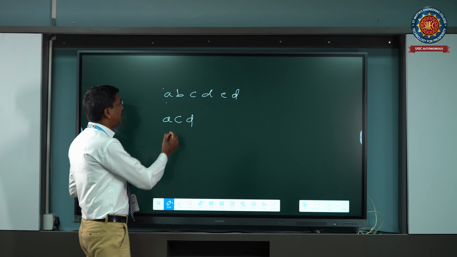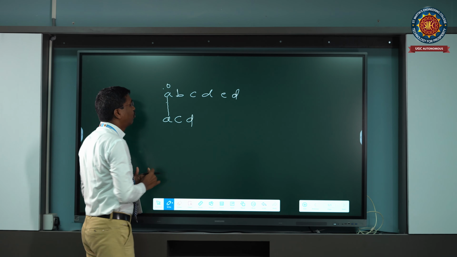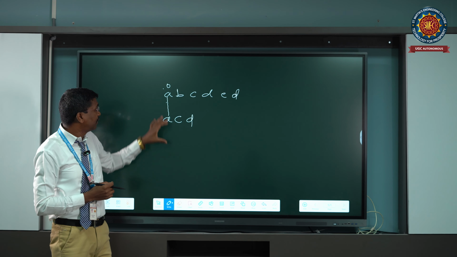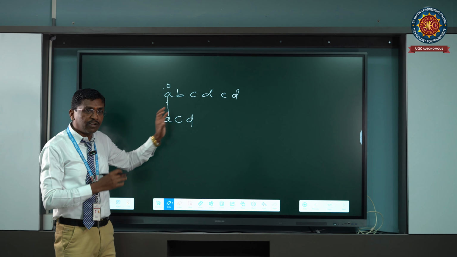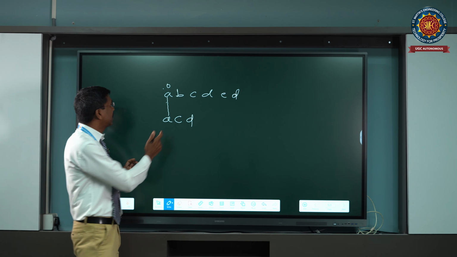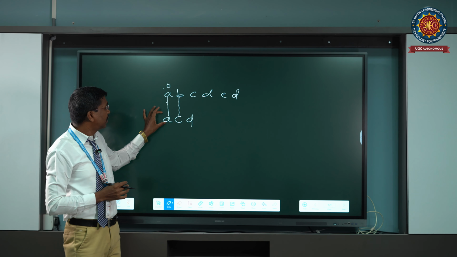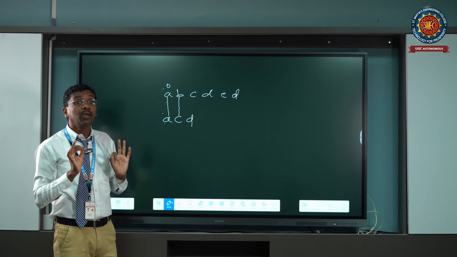For example, I want to check the position at index 0. We should compare both. If they match, you can move your position to the next and check the characters again. This is what we call pattern matching. When the pattern is matched, both the pattern and the text should be the same. Then that is called pattern matching.